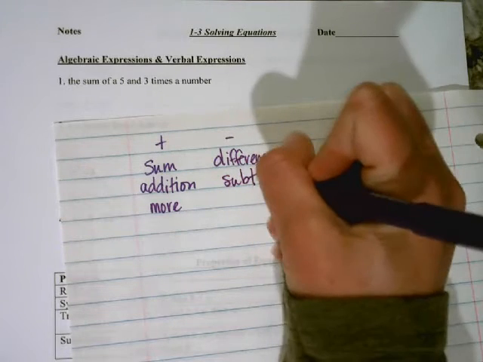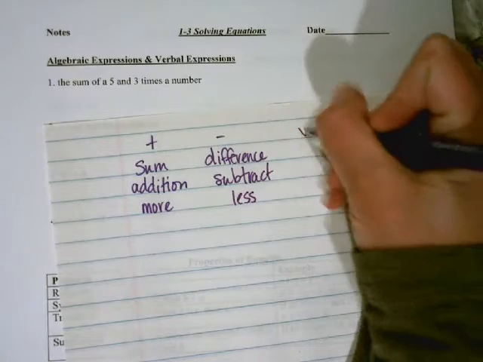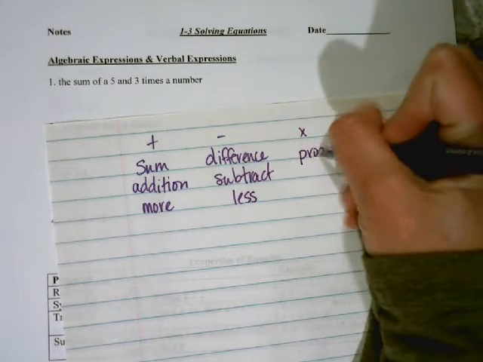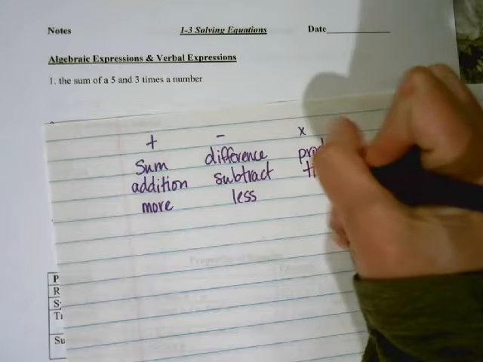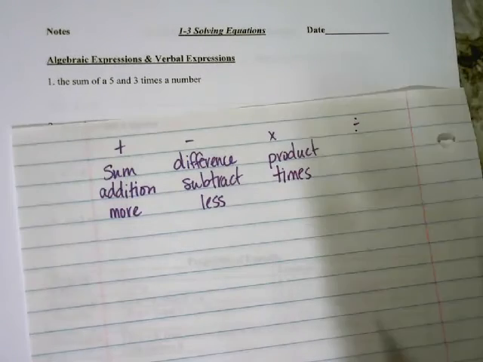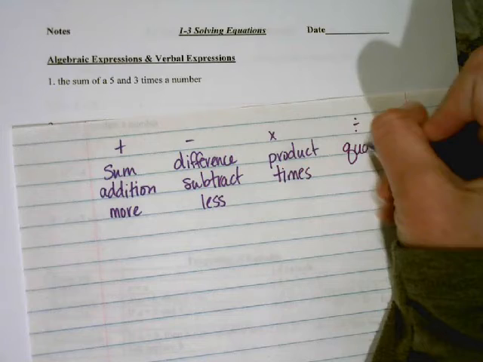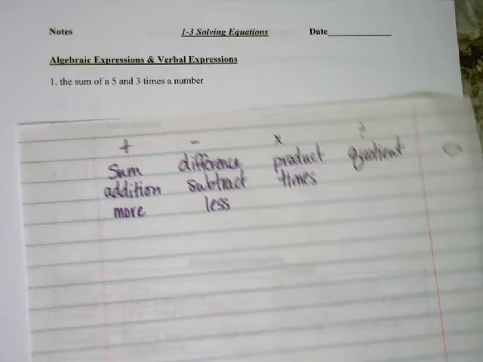Subtraction, less. Multiplication, we have a product, times, and then division, quotient, things like that.